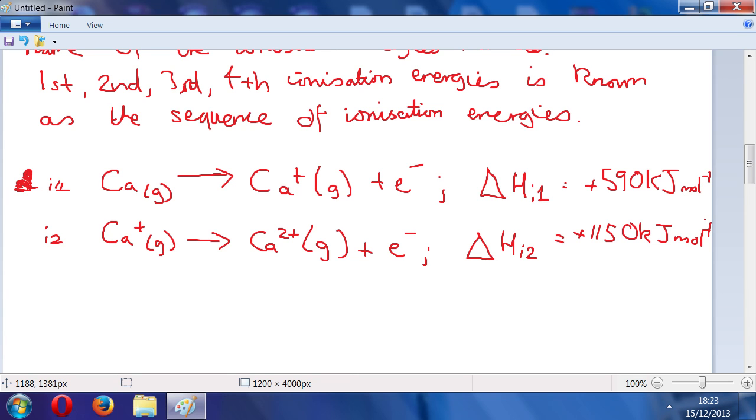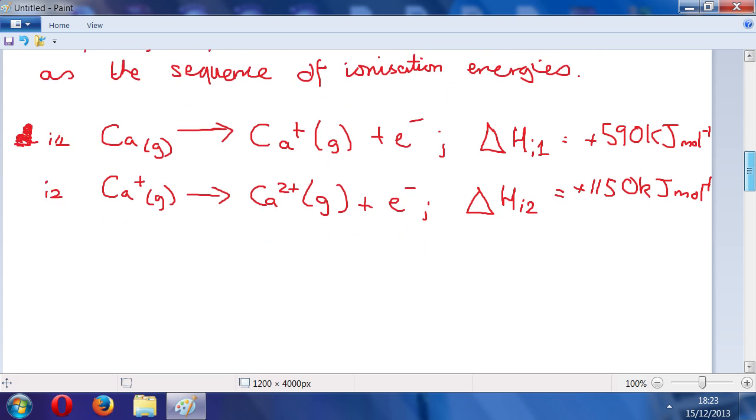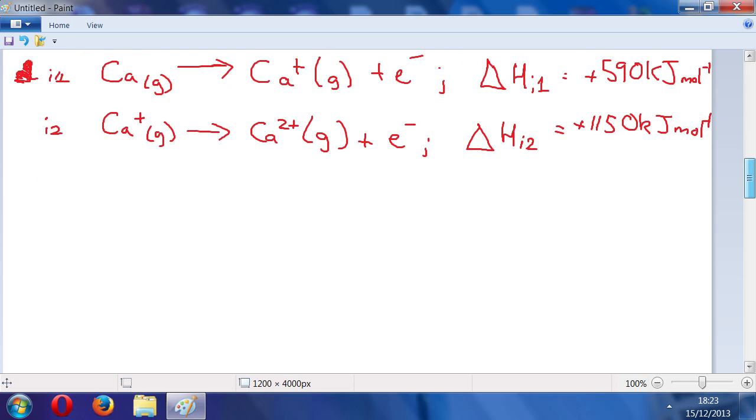So there we go. We can see that for the second electron to be removed, we need a lot more power. That's almost double, really. Not quite double. So a lot more power is required to remove the second electron.